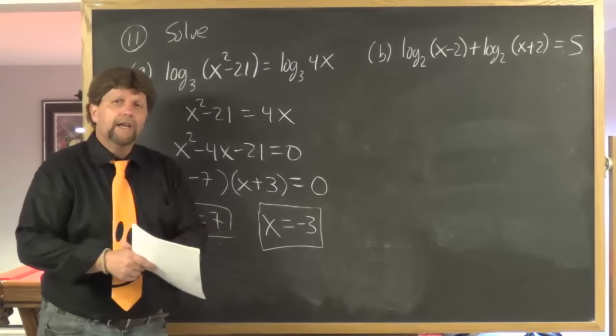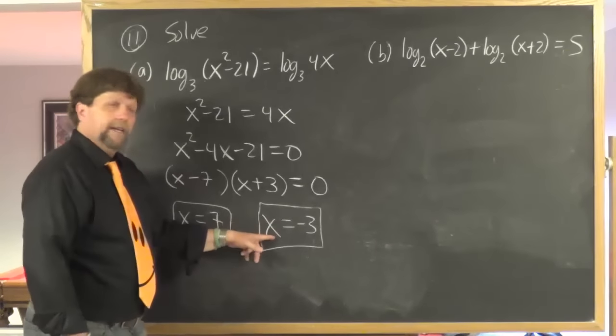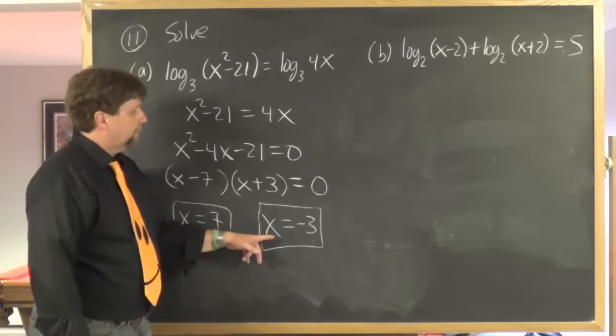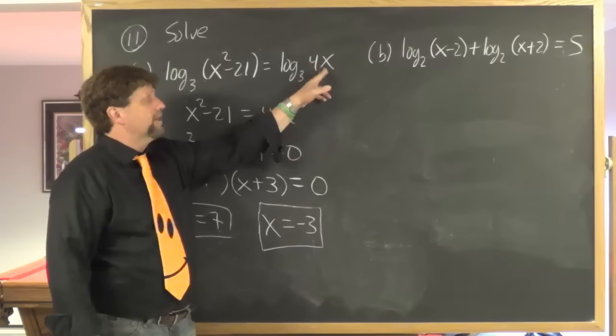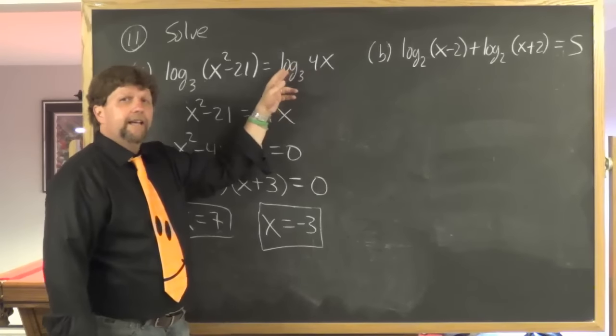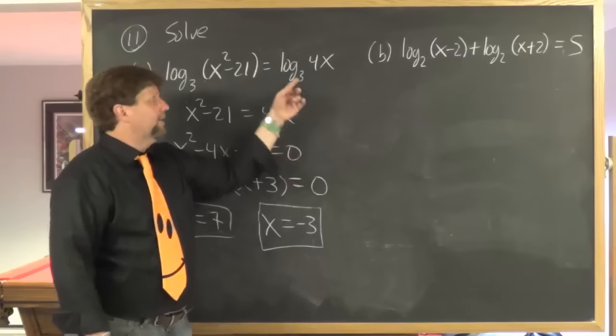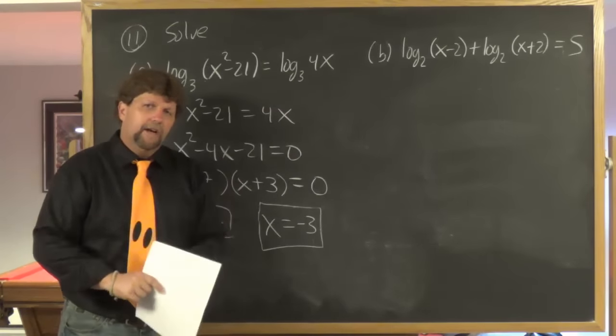But more importantly, I wasn't finding the log of a negative number. Let's look at x equals negative 3. Immediately I notice if I put negative 3 in here for x, 4 times negative 3 is negative 12. I can't take the log of negative 12. I don't care what the base is. You can't do the log of a negative number.